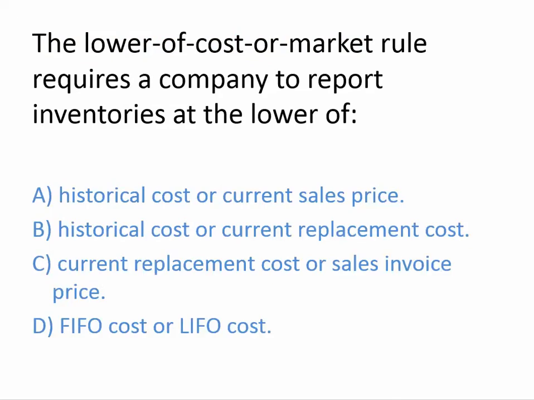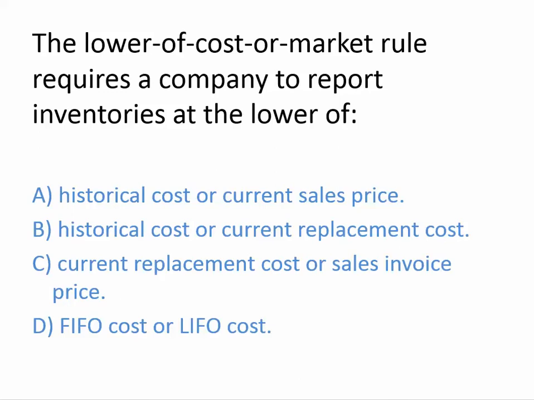Okay, so let's do just a quick little question about this, see if you can digest that. The lower of cost or market rule requires a company to report inventories at the lower of what? A, historical cost or current sales price. B, historical cost or current replacement cost. C, current replacement cost or sales invoice price.